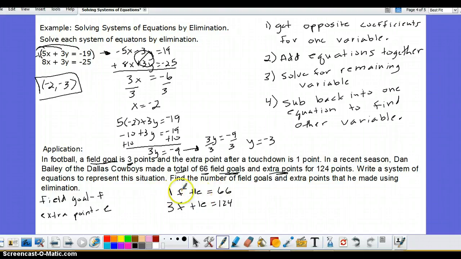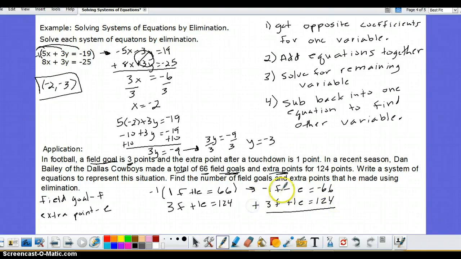You could multiply this equation by -1 to eliminate extra points, or multiply by -3 to eliminate field goals. I'm going to multiply by -1. So -1 times 1 is -1F, -1 times 1 is -1E, and -1 times 66 is -66. Still have the 3F plus 1E equals 124.